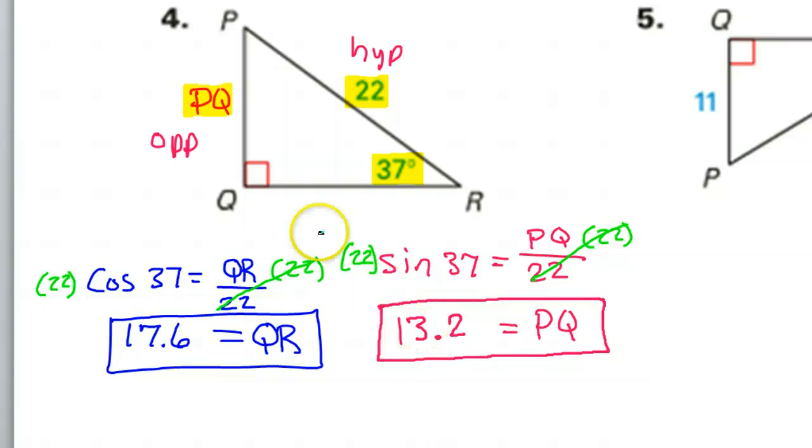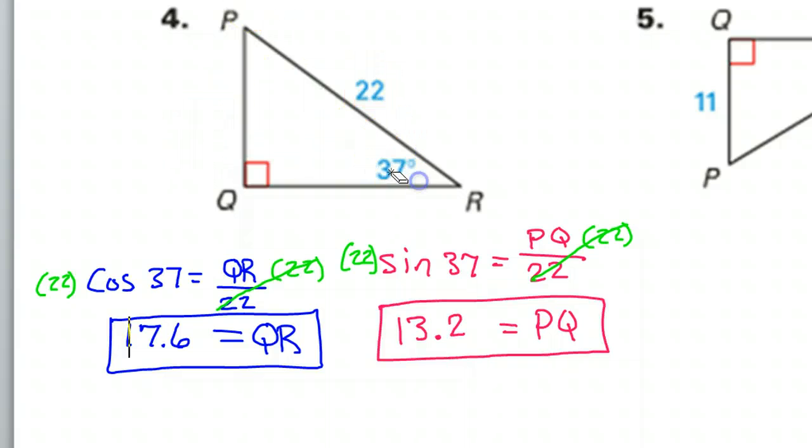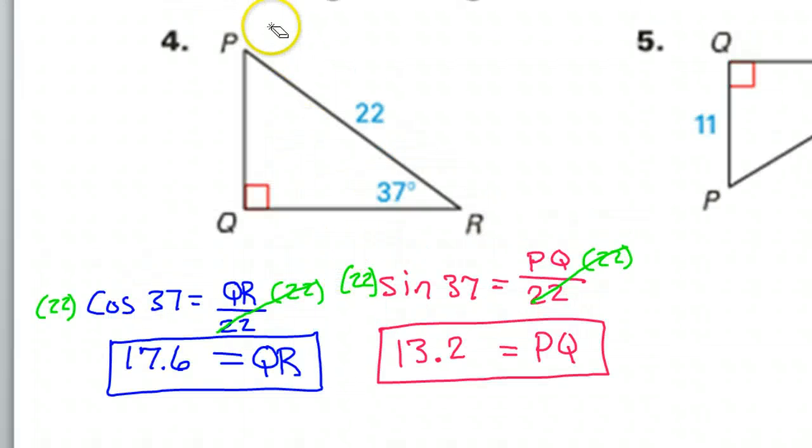Alright, so I have found the two sides so far, and now I need to find the missing angle, angle P. Well, that's easy because they already gave us one angle. These two angles are complementary, meaning they have to add up to 90 degrees. So the fastest way to find angle P is just to subtract from 90.